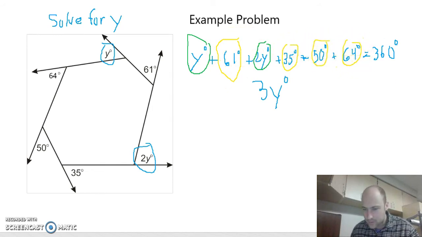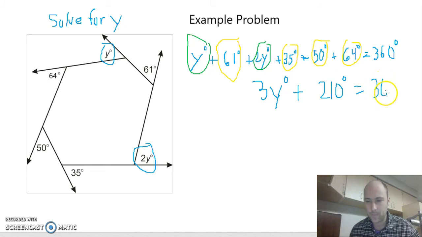I'll save us some time and add them up quickly. So let's see, 96 plus 50 is 146, plus 64 is 210 degrees. You can pause and check yourself on your calculator if you'd like. And that's still going to be equal to 360 degrees.